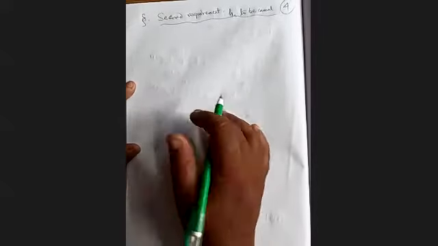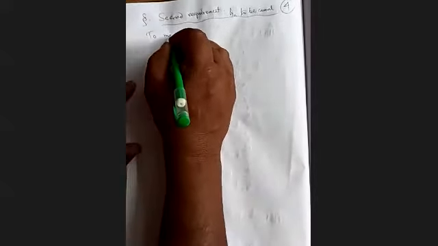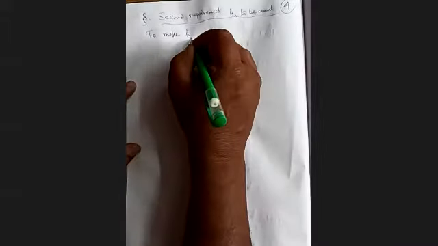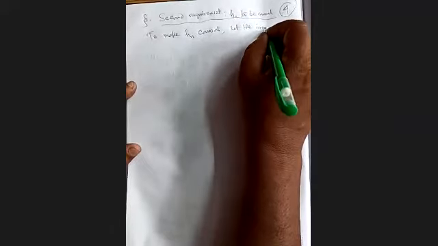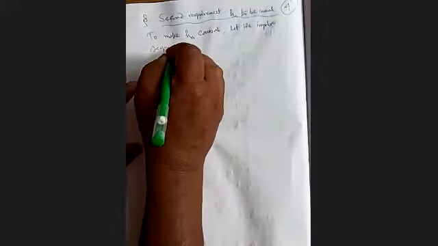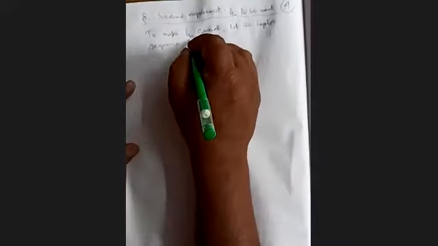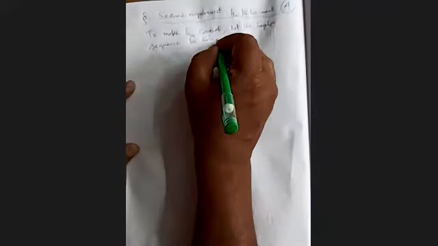Now, to make h_n causal, let the impulse sequence be delayed by (m minus 1)/2 delay units.